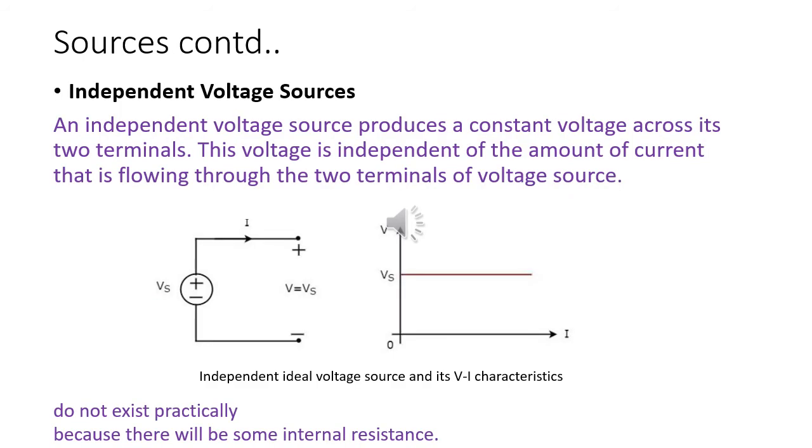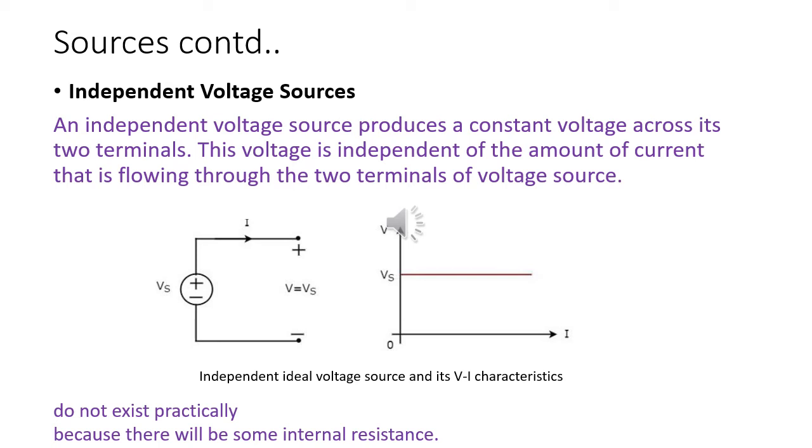Let us look at the independent voltage source. As we just mentioned, an independent voltage source produces a constant voltage irrespective of the load connected across it. As this figure shows, the terminal voltage is Vs for a particular voltage source. Suppose I connect a load which takes 1 ampere of current, still I will get a voltage of Vs. Suppose I put another load which takes only 100 milliamperes.